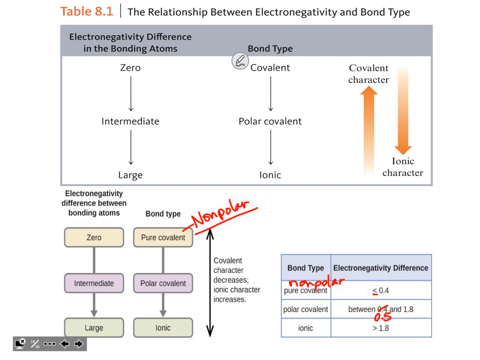Then I would change the polar covalent to between 0.5 and 1.8. Now, of course, if the difference is 0.5, then it's just barely polar. But if the difference is 1.8, then it's extremely polar. And then, of course, above 1.8, they usually call that ionic. All right? So you might want to make those changes real quick in your notes.